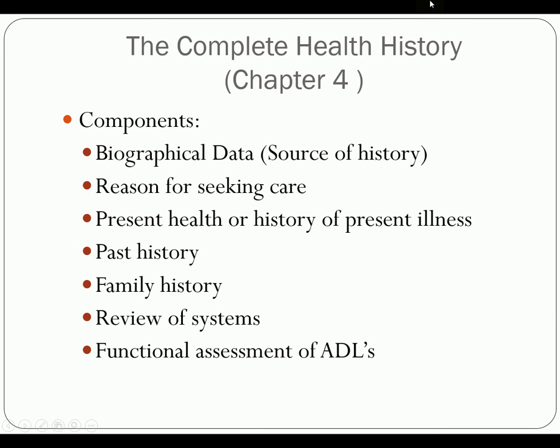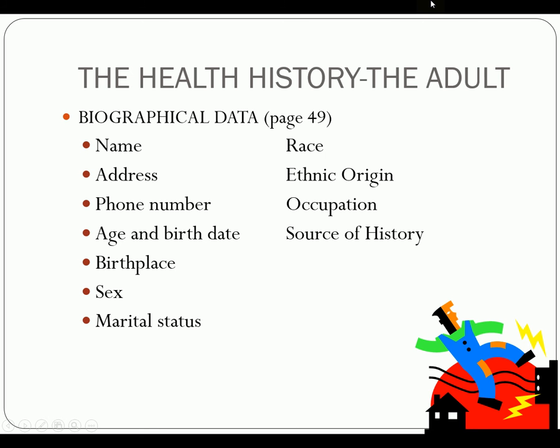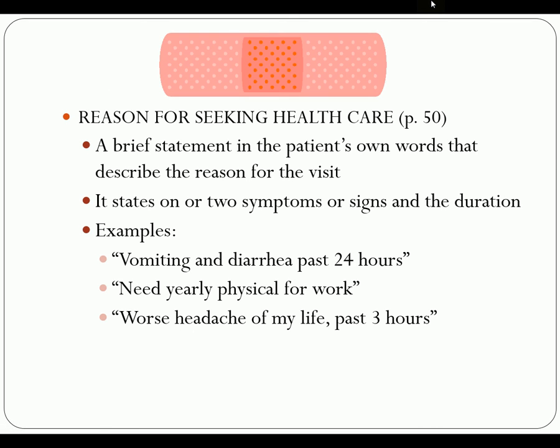Okay. Then the next section, sorry about that, I didn't have that up. The next section is reason for seeking health care, on page 50. This is a brief statement in the patient's own words that describes the reason for the visit.